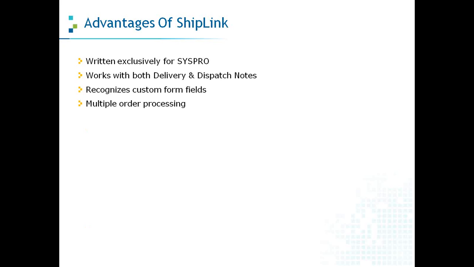It can accomplish multiple orders in the same shipment, and we'll be showing that in the demo. That means that if you have 4, 5, 10, 20 orders that are going in the same shipment, it can automatically consolidate those and ship those and update Syspro for all the orders with the correct tracking and shipping information.